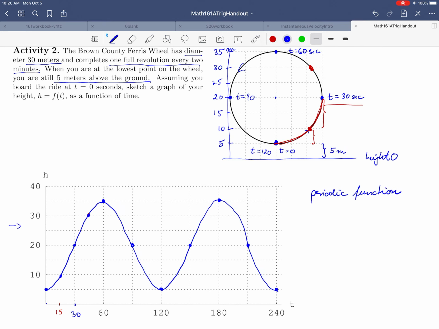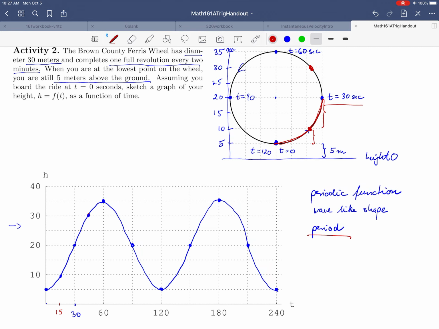And looking at this, we can describe this wave-like shape in terms of a few important features. So one thing that we can talk about is the period. And the period is the horizontal distance that it takes for the graph to complete one full cycle.